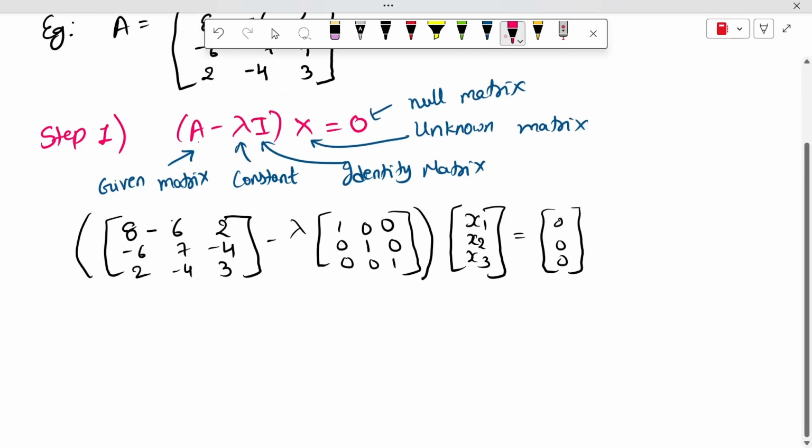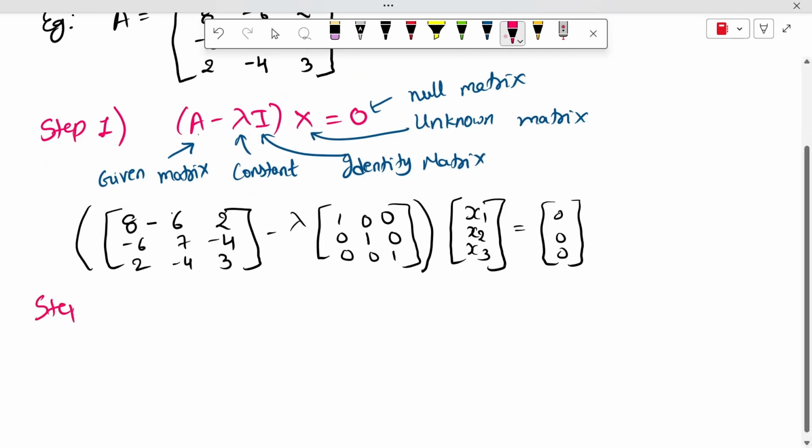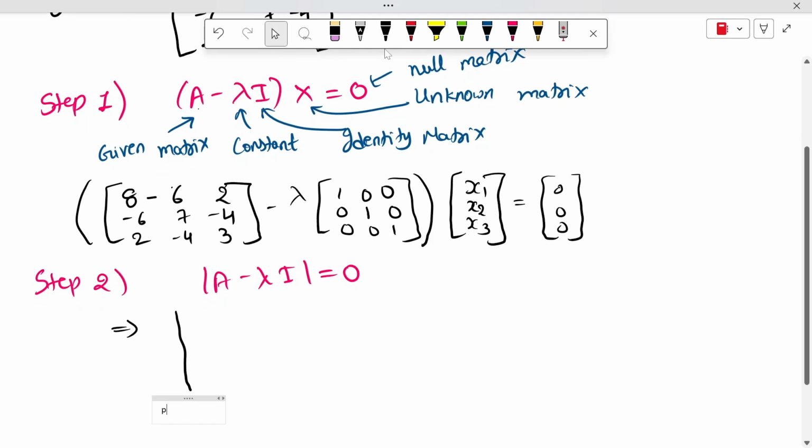Now step 2. Step 2 is to get the value of determinant of A minus lambda I is equal to 0. So we will find its value. From the above equation we can get 8 minus lambda, minus 6, 2.